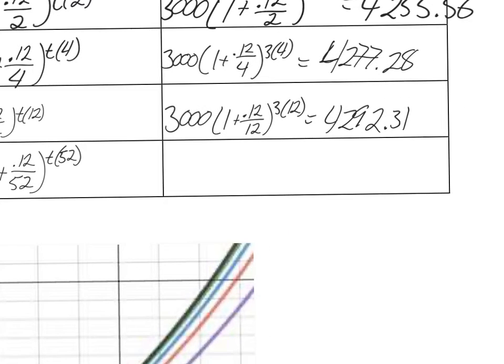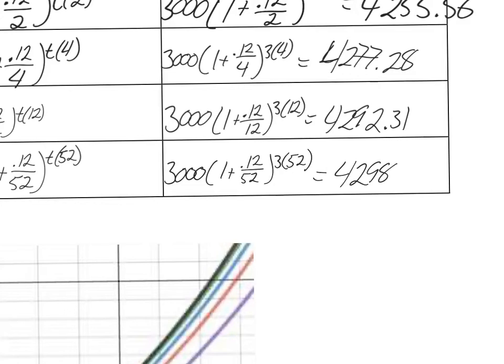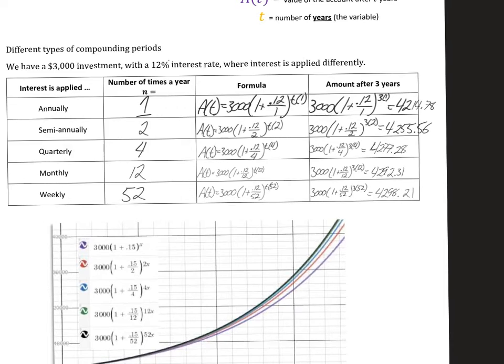So that gives me 3,000 times (1 plus 0.12 divided by 52) to the 3 times 52, which equals 4298.21.